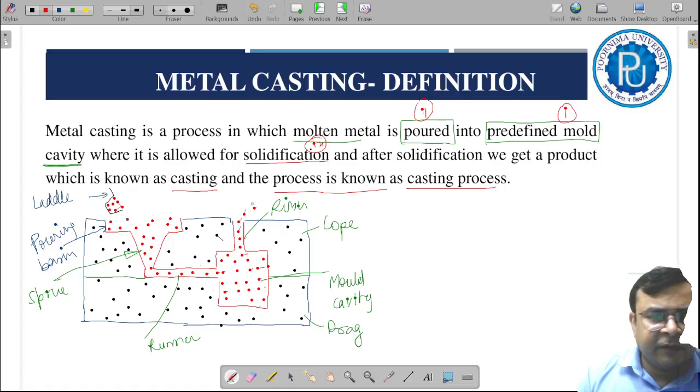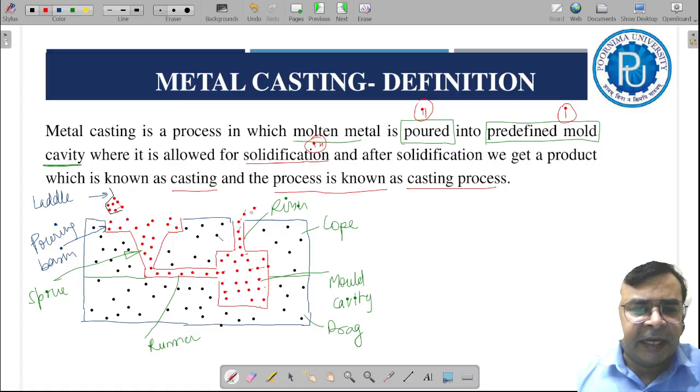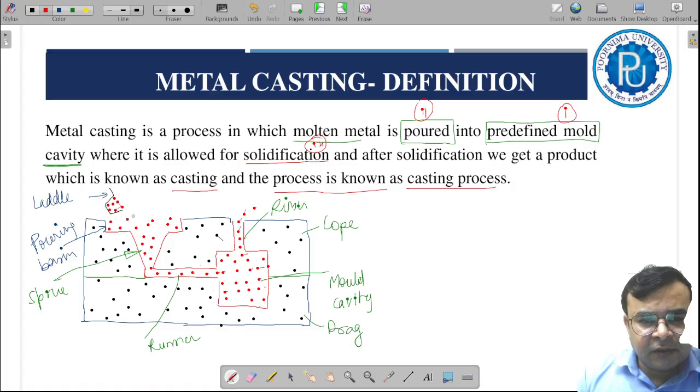And if this molten metal is coming out from the riser, then we can say our mold cavity is now filled, so stop pouring. Is it right? So like this you start pouring from here, and the molten metal exits from here, and if it exits from here, then we ensure our mold cavity is filled. Is it right? So this filling process is called the casting process.